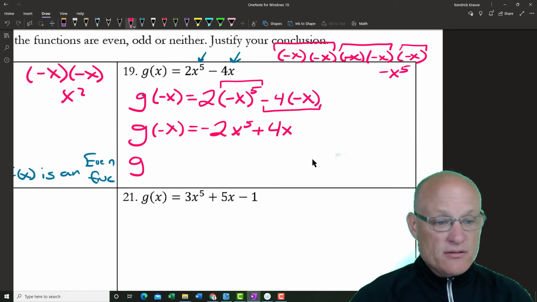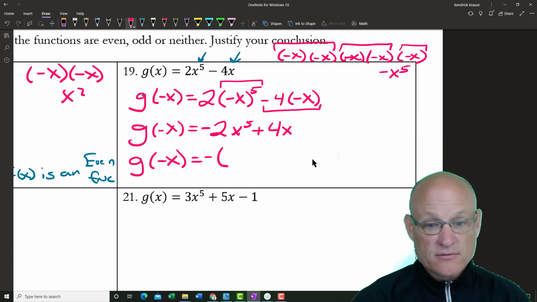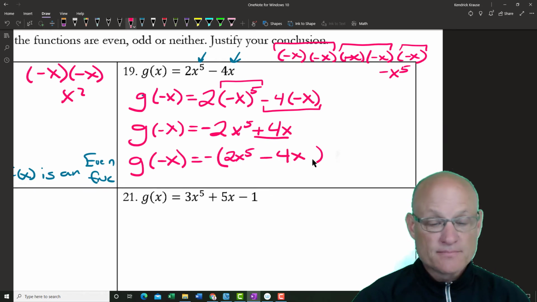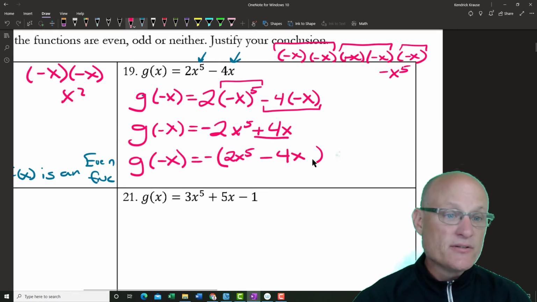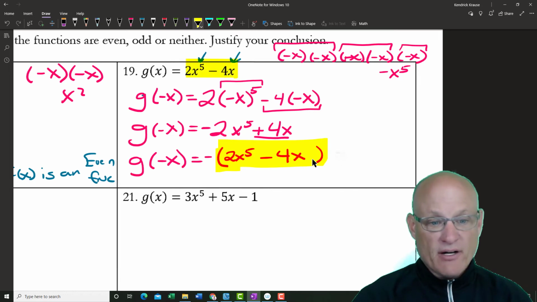Well, that's the key on these: you've got to factor out a negative. If I factor out a negative from here and take it away from this, I end up with negative 2x to the fifth. Take a negative away from this, I end up with minus 4x. So isn't this g of x with a negative out front?